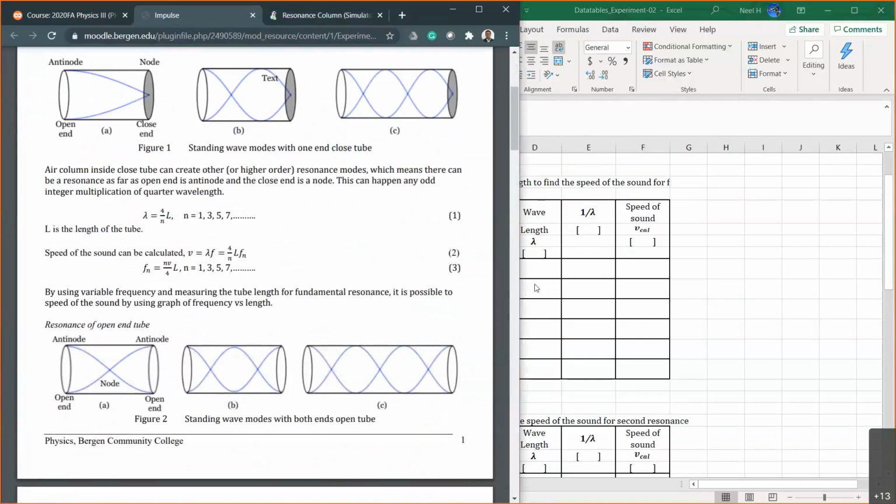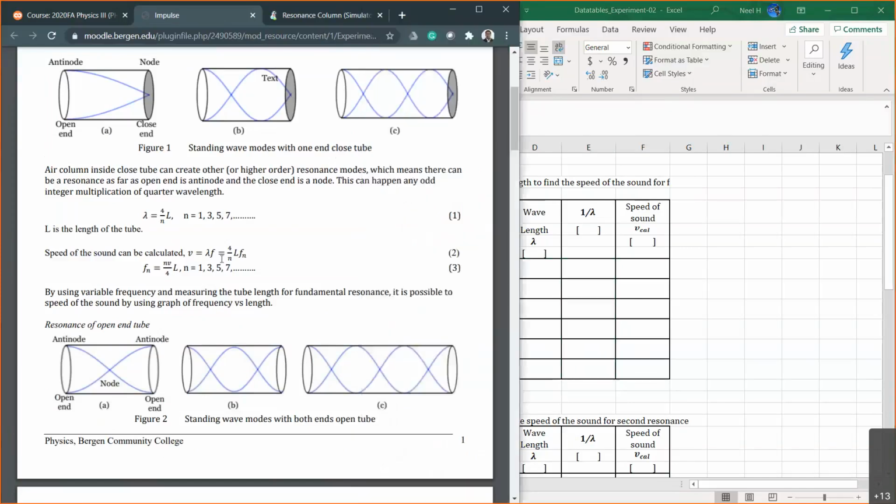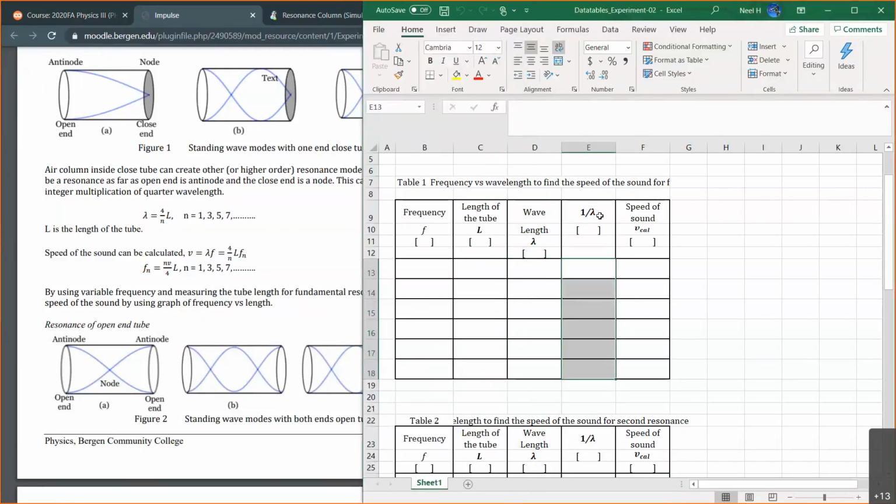We're doing only the first resonance mode. We'll calculate lambda. Then we'll calculate 1 over lambda because we're interested in measuring the speed of sound, right? So technically I can say the speed of sound is equal to 4L times Fn. We can even skip this 1 over lambda, it doesn't matter, but it is easier if you have it.